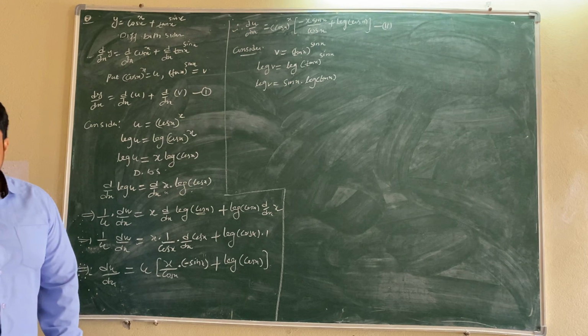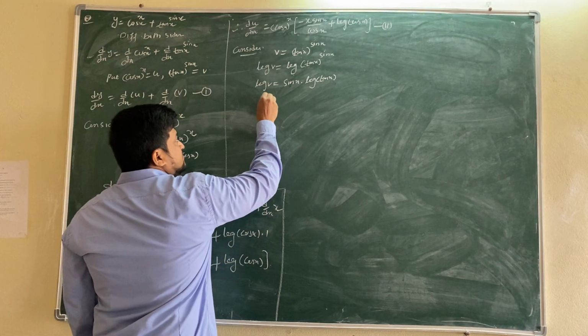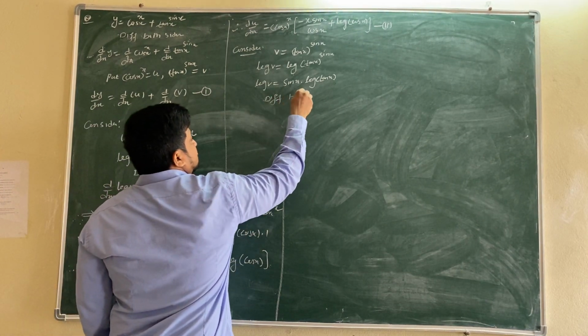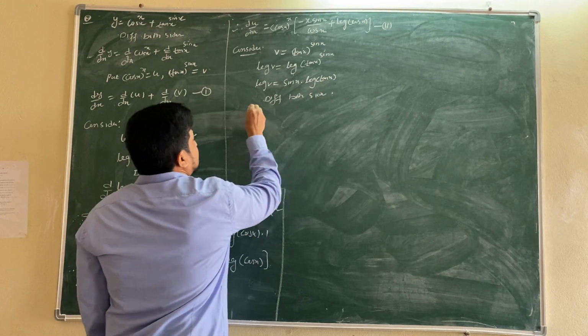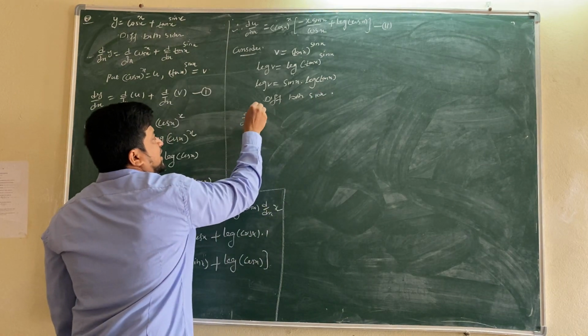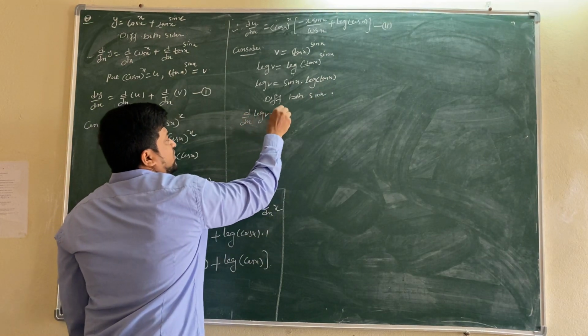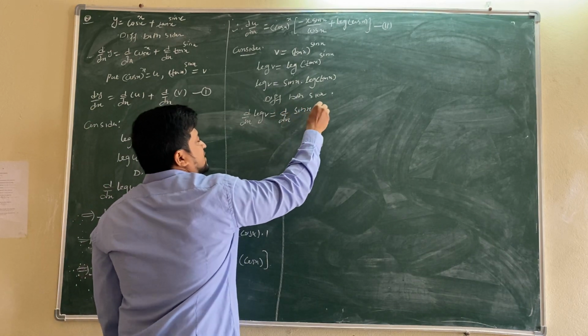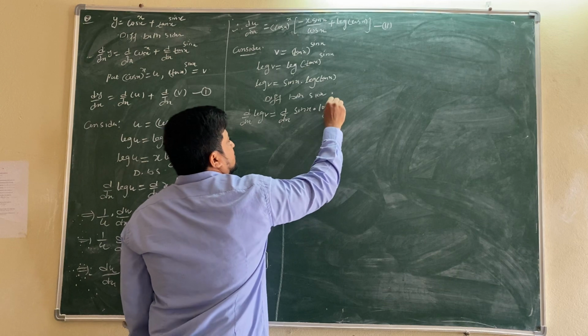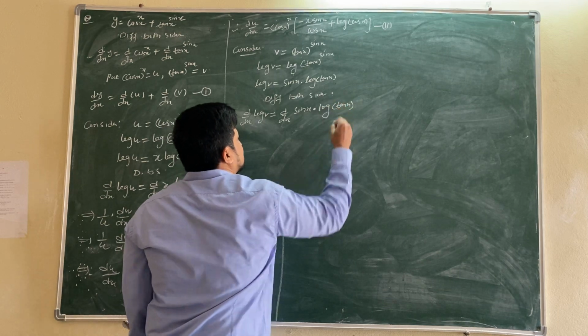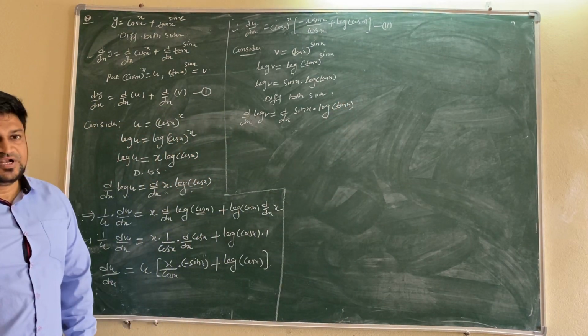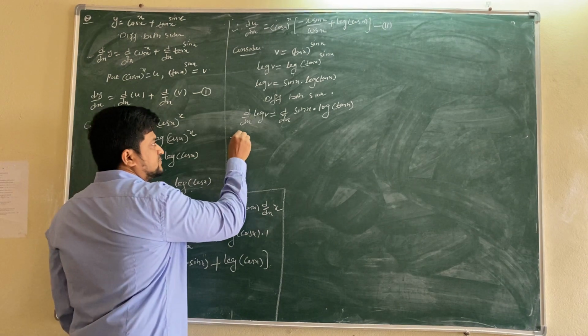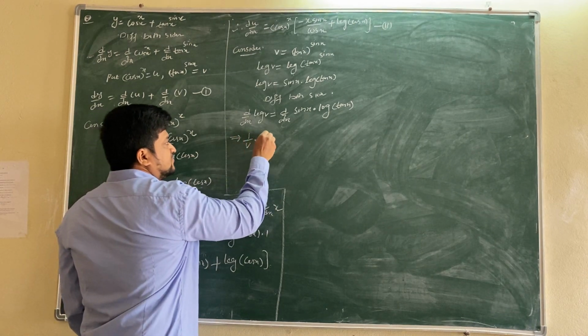Now we have to differentiate both sides with respect to x. Log v d by dx of sin x into log of tan x. The derivative of log v is 1 by v d by dx of v.